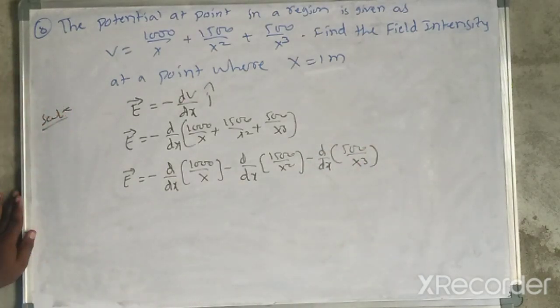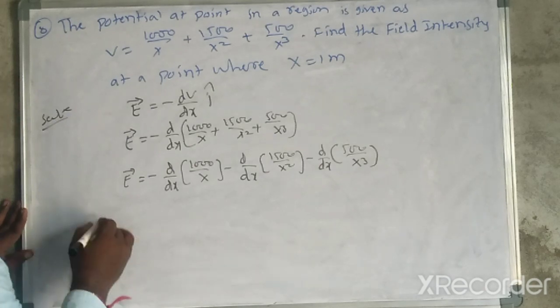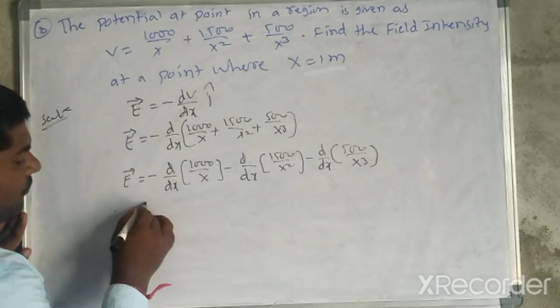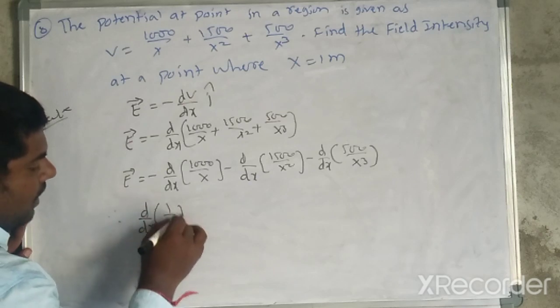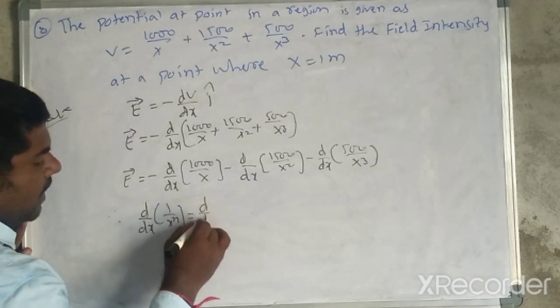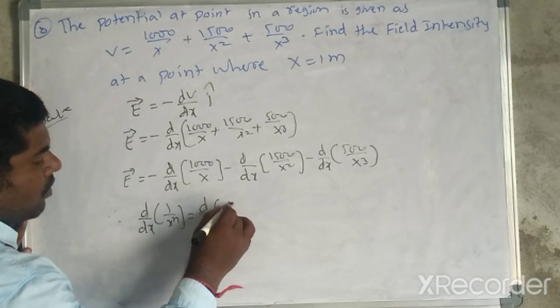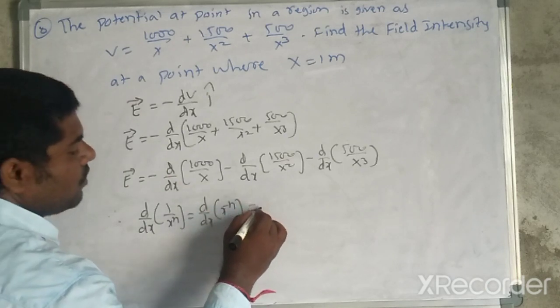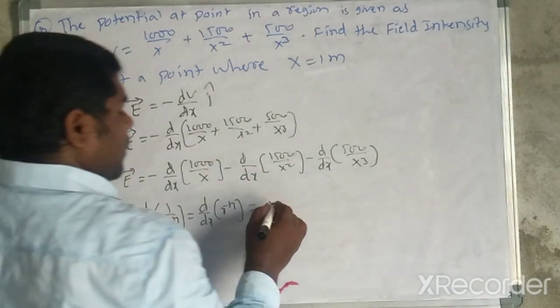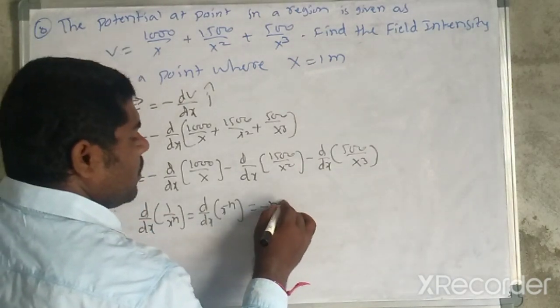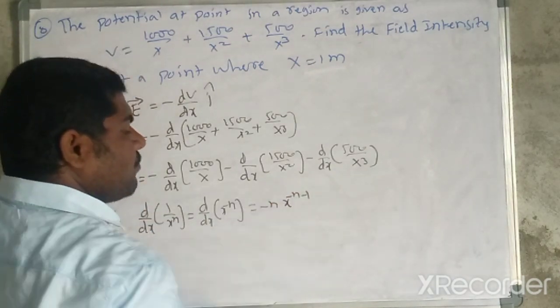The formula is d by dx of 1 by x power n, which is d by dx of x power minus n, equal to minus n into x power minus n minus 1.